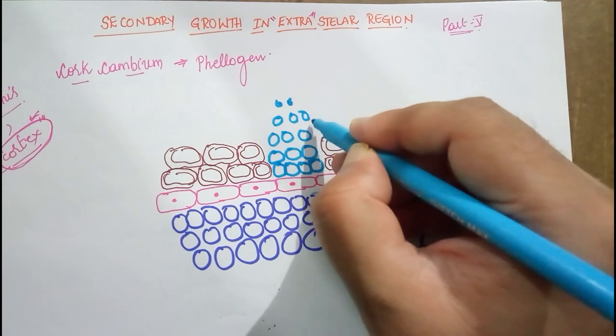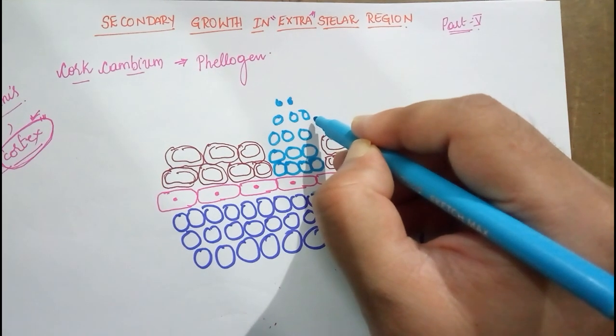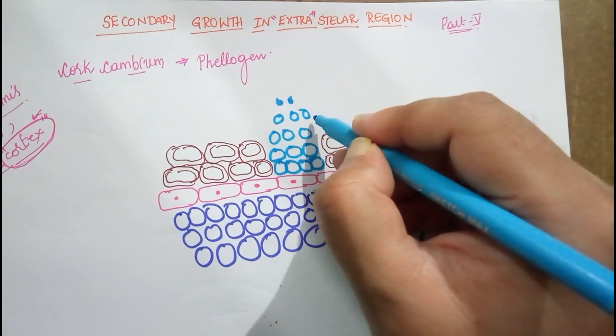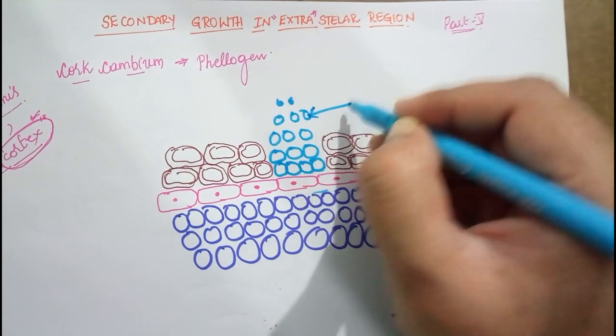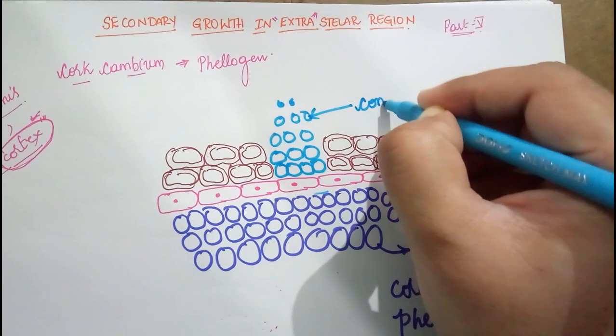And these cells are called the complementary cells. They are not called the cork. The cork cells are usually dead cells, and these cells are called the complementary cells.